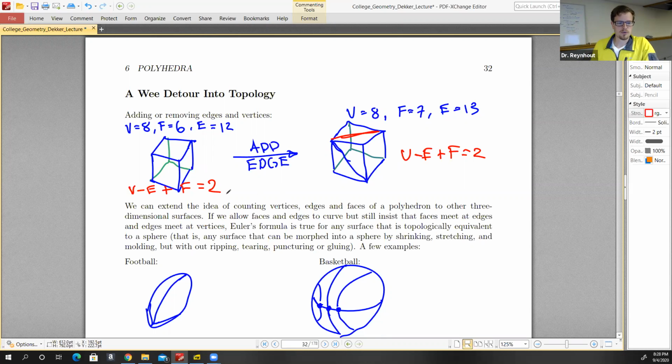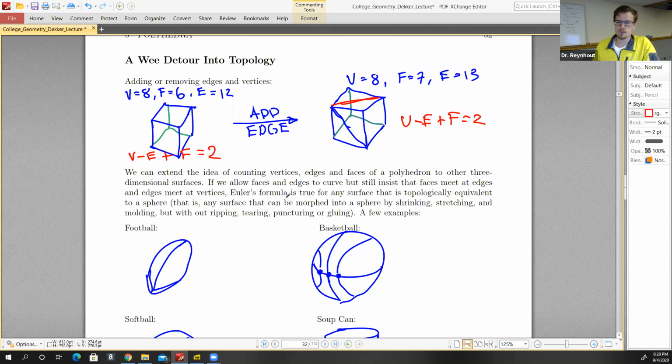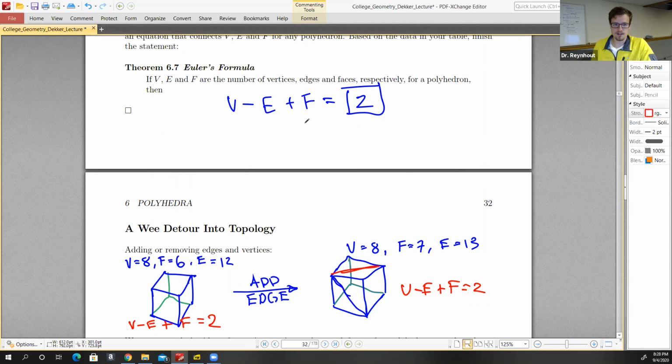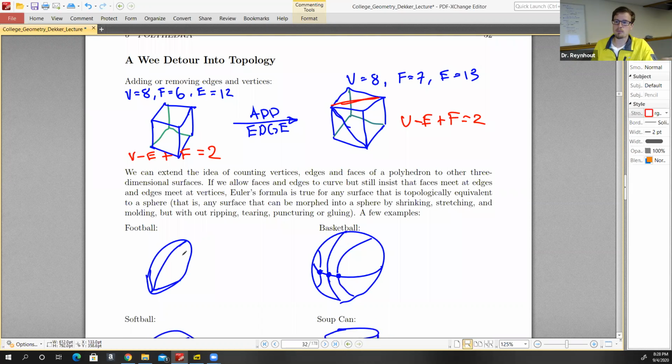If we do that, we can take shapes that we're familiar with and put a grid on them, essentially. Put a graph, you might say, on them. So Euler's formula, given on the previous page, stays the same no matter what we're looking at, for anything that's topologically equivalent to a sphere. But what does it mean to be topologically equivalent?